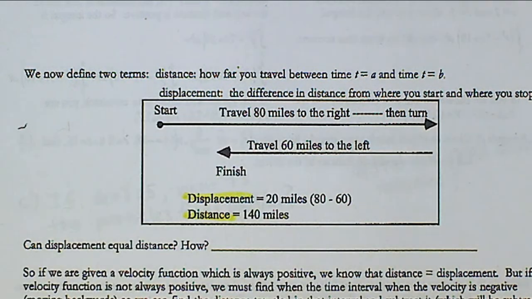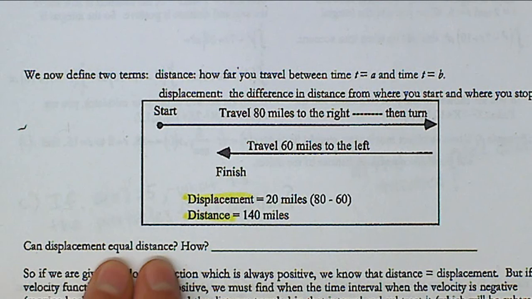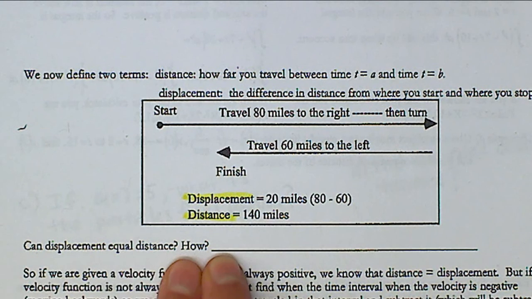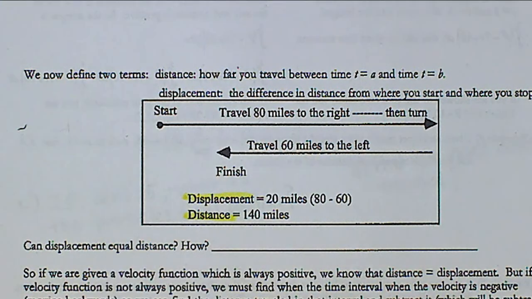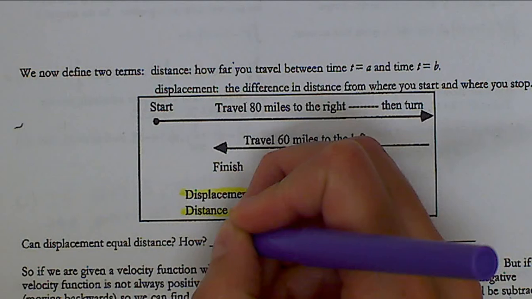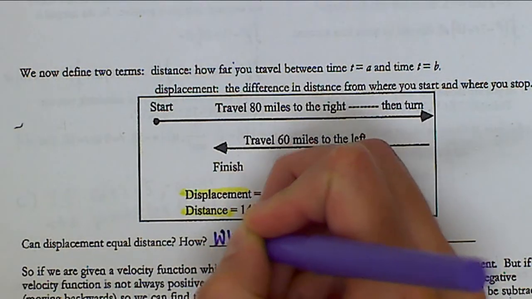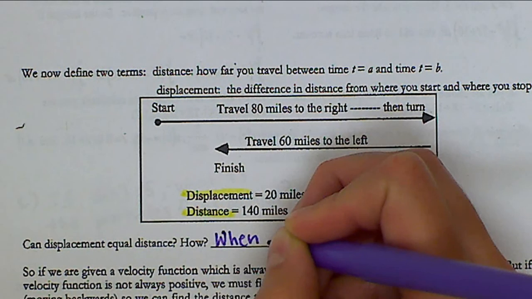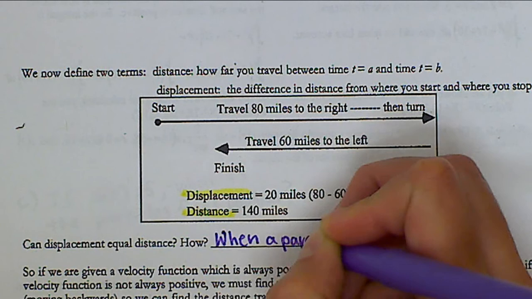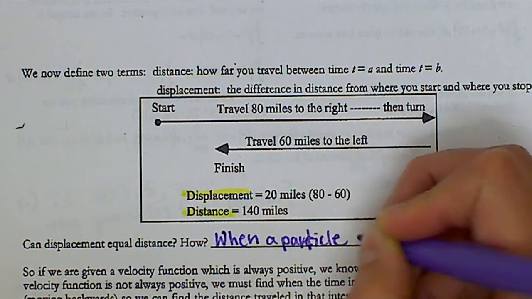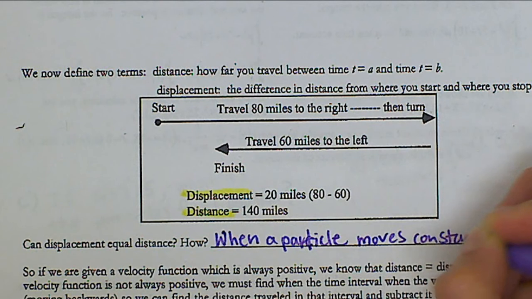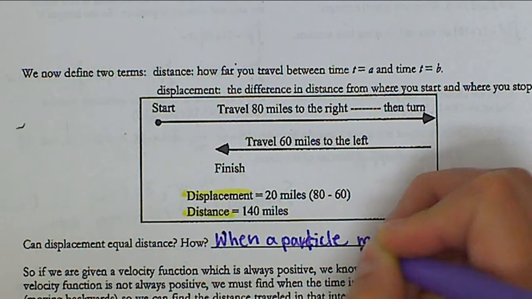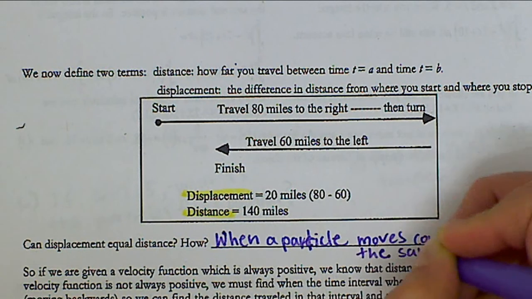So displacement can equal distance if you walk in a straight line and never turn back. Okay? So these will be equal to each other when a particle, we'll say particle, moves constantly in the same direction.